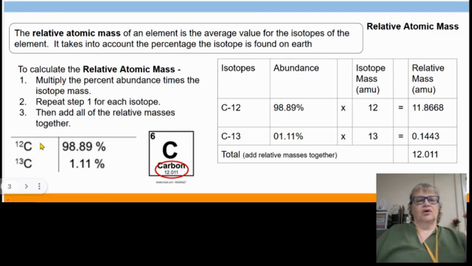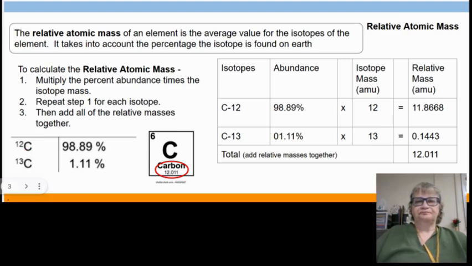And so it's whatever the percentage amount that it actually exists as. So out of all the carbon, okay, carbon 12, 98.89% of it is carbon 12.